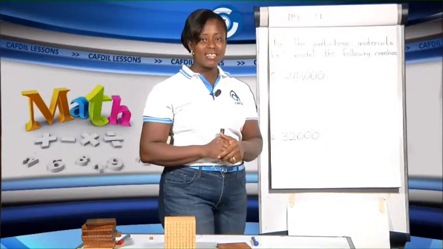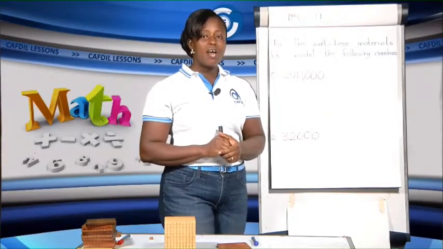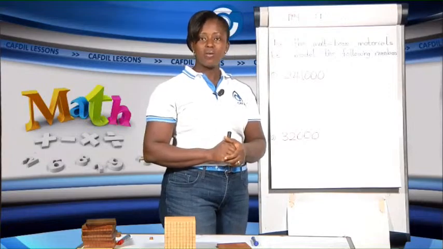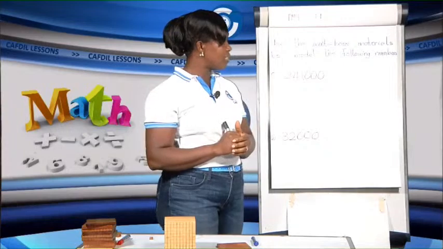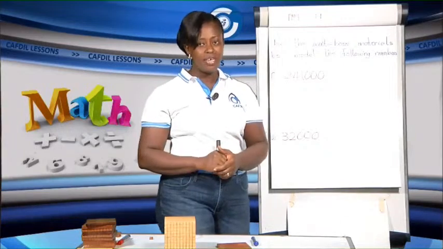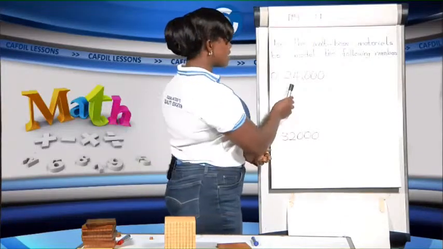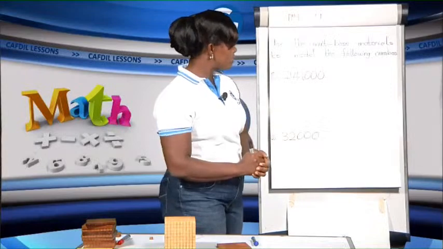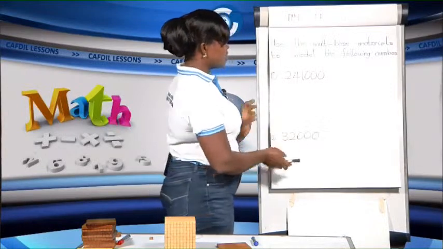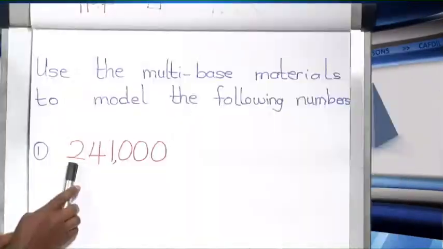Remember, a unit is 1,000, a rod is 10,000, a flat is 100,000, and a block is 1 million. So look at this number. How are we going to model it?